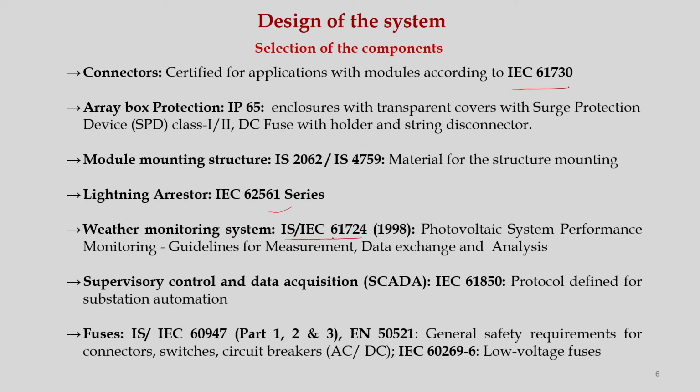So, it has got one standard. Then SCADA systems also have a standard, that is IEC 61850, and fuses, as you can see, there are standards. Okay? IS, Indian Standard, or EN, that is European standards. Okay? So, these standards are normally used for a grid connected PV system.